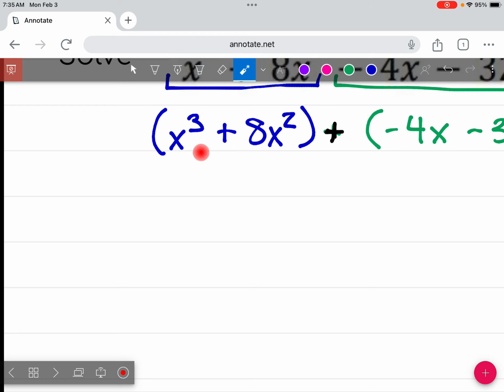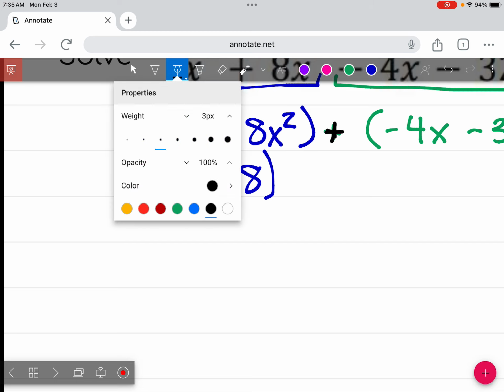All right, what do these first pair have in common? My x cubed and my 8x squared. What do these have in common? An x squared. So I can write this as my x squared times that leftover piece of x plus 8, right? If I redistribute that, we get exactly where we were.